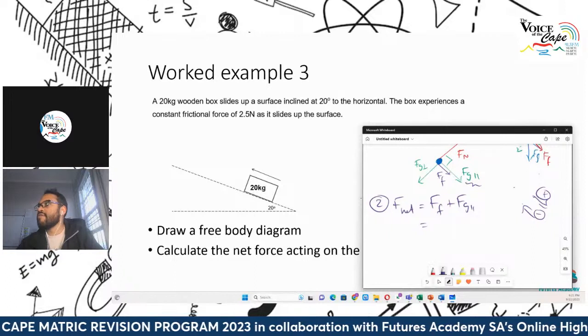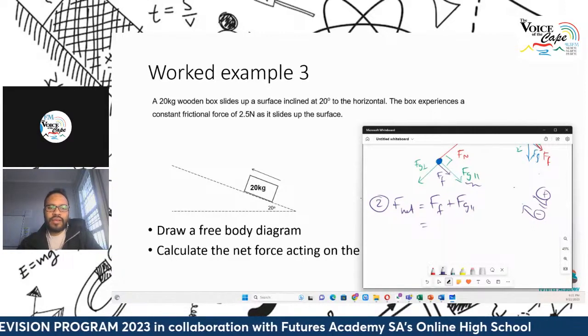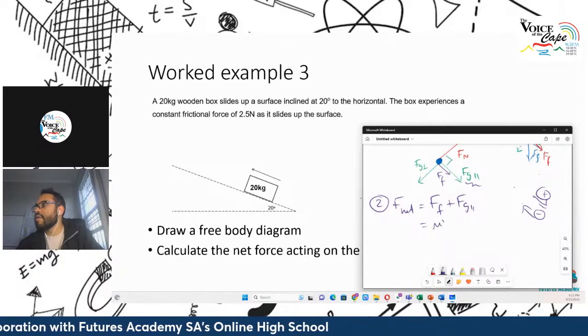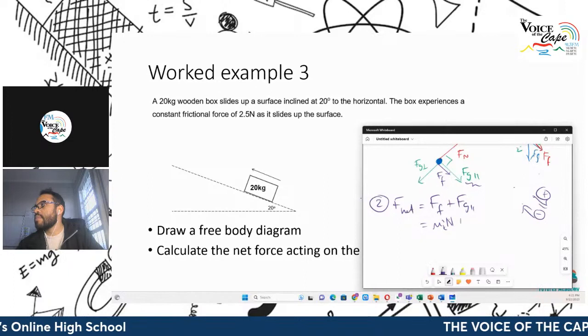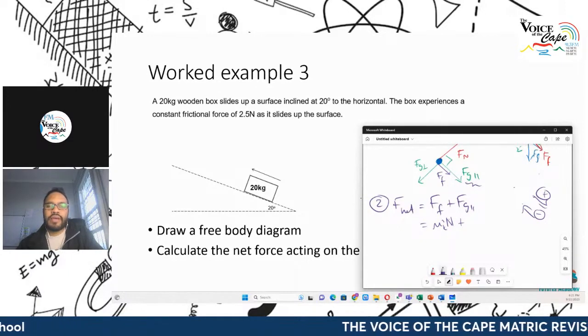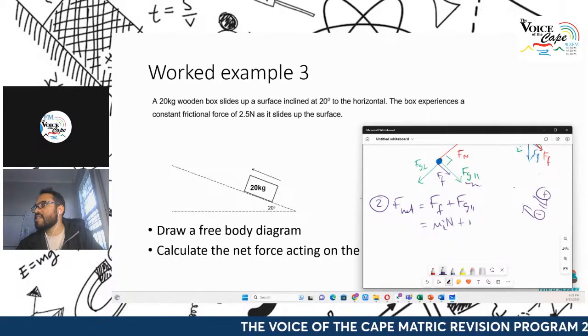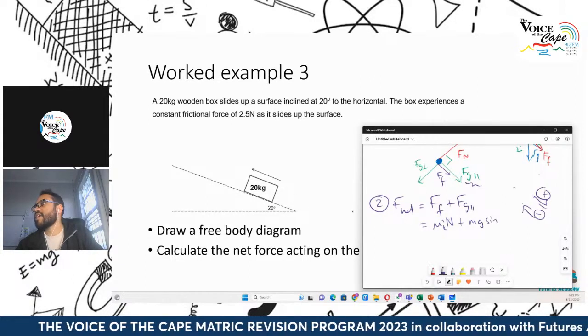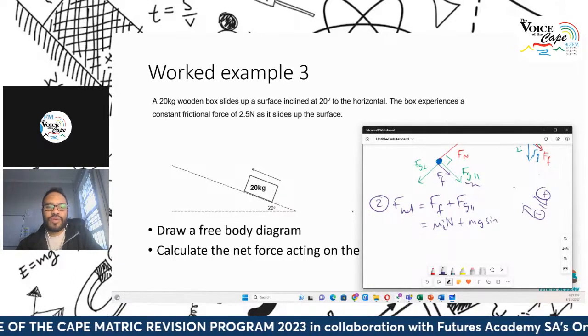So f little f, that's going to be mu k, kinetic friction, times the normal force, plus the Fg parallel. We've seen this previously. It's m times g times sine of the angle it's making, and the angle here is 20 degrees.